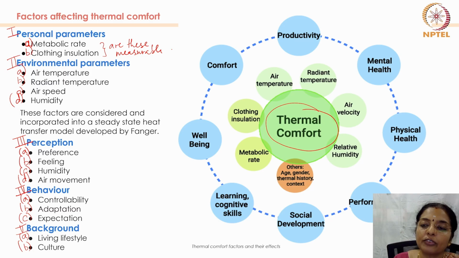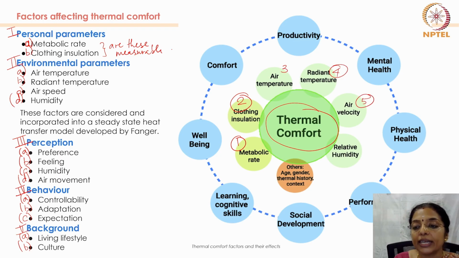So thermal comfort depends upon the metabolic rate, the clothing insulation, the air temperature, the radiant heat, the air velocity, the relative humidity and other factors such as age. An old person tends to feel more warm or cold as compared to a younger person.